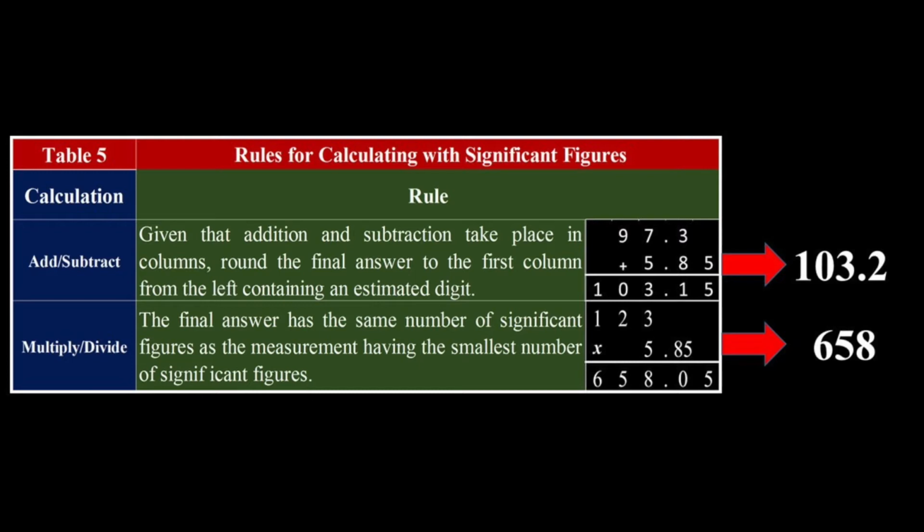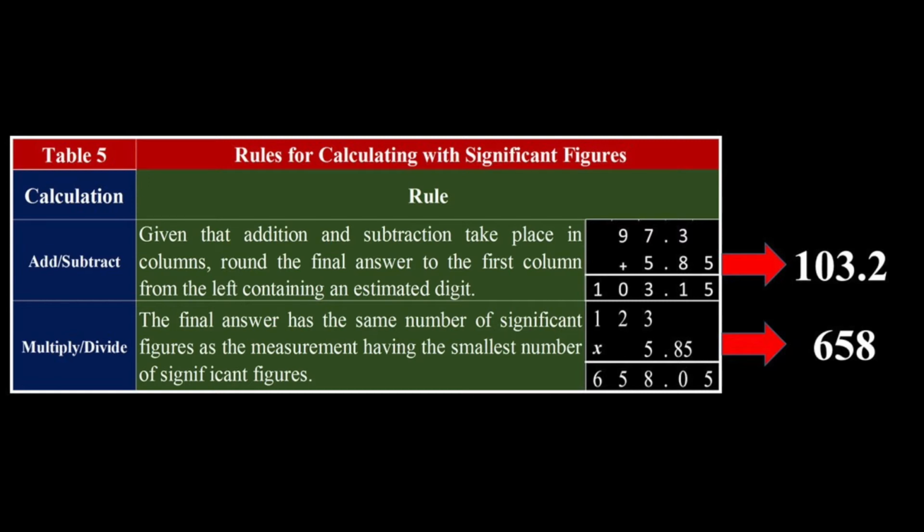Here's a calculation. You'll notice that there are 2 calculations here. One is addition, and the 97.3 will hold it to 1 decimal place value. So that would be the least precise value, plus or minus 0.1.